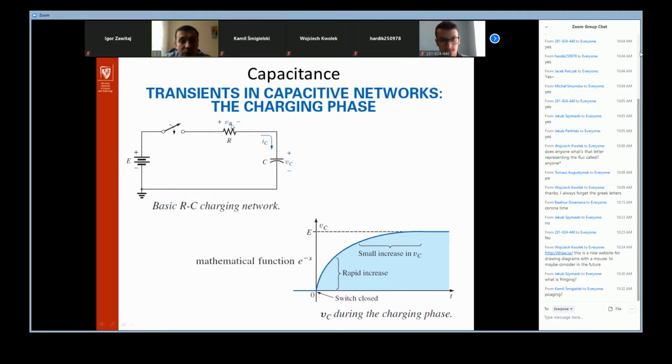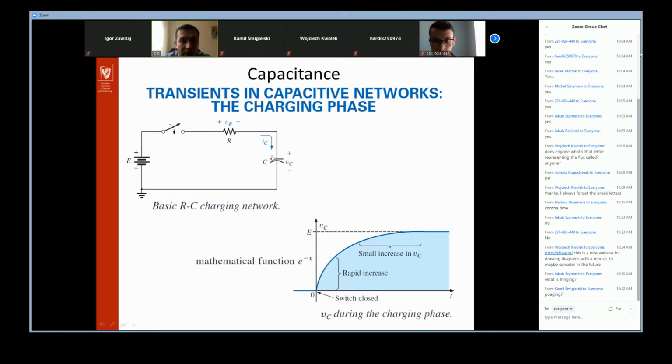But as you see, we've got the resistor here. So this resistor limits the value of the current passing through. So at the first moment, when the switch is turned on, the current has the maximum value, but it is limited by this resistor.